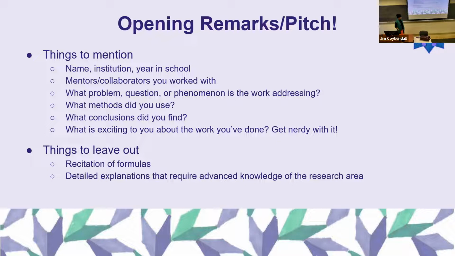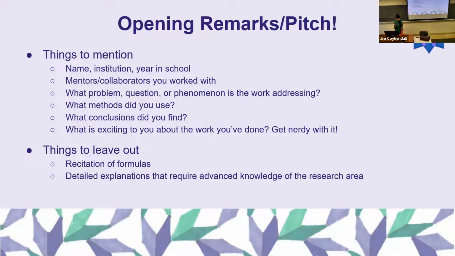I think I mentioned the second bullet already on the previous poster, but no details about formulas or how to actually solve a problem, and no super detailed answers or advanced knowledge that the visitor may not know about, right? With that being said, one thing I did mention was never assume that the person who comes to your poster knows about your research content.